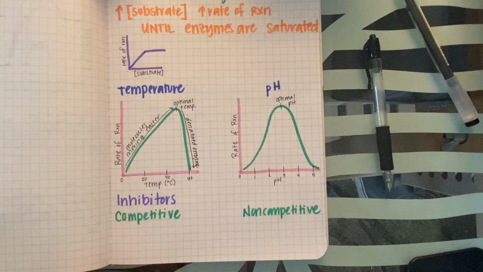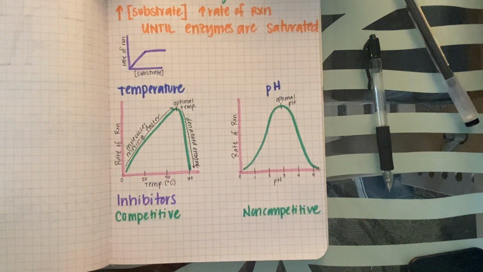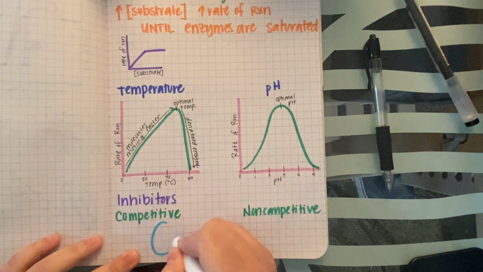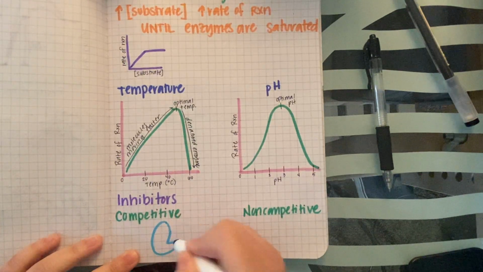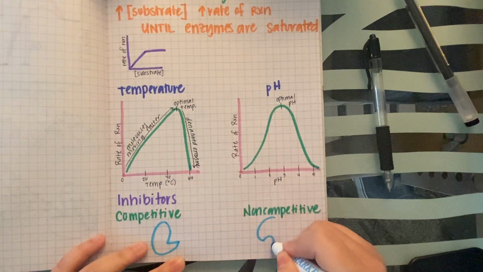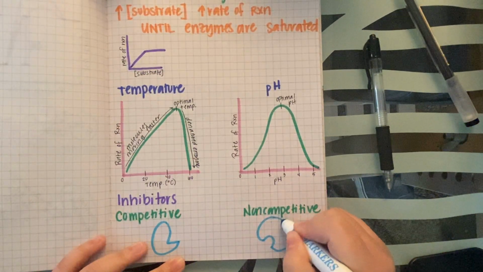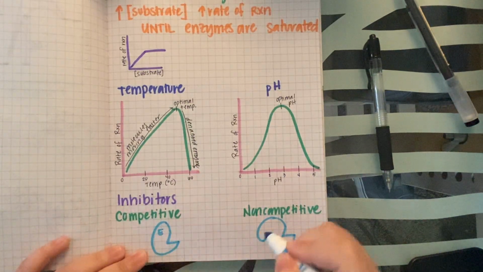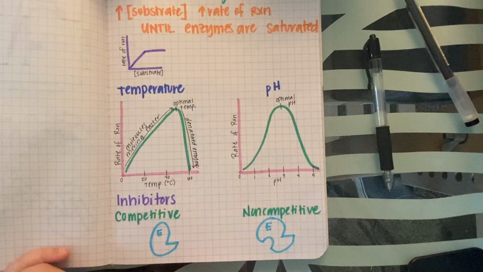So let's start with our enzyme. Let's draw two of them. For competitive, we'll just draw a regular shaped Pac-Man enzyme. Non-competitive, we're going to modify it a little bit. We're going to add a second binding site like so. So these are our enzymes. Put an E for enzyme, E for enzyme.